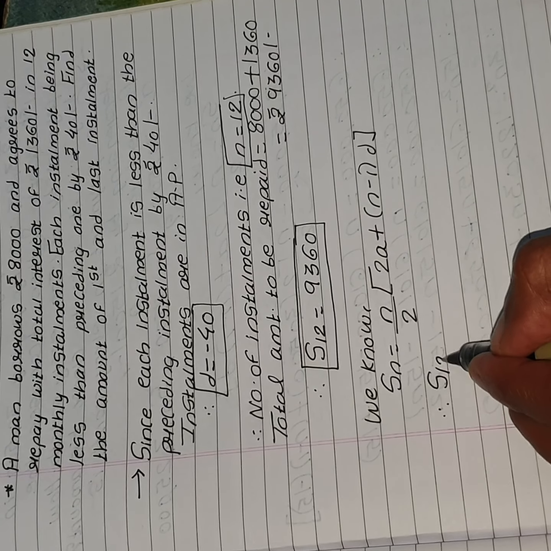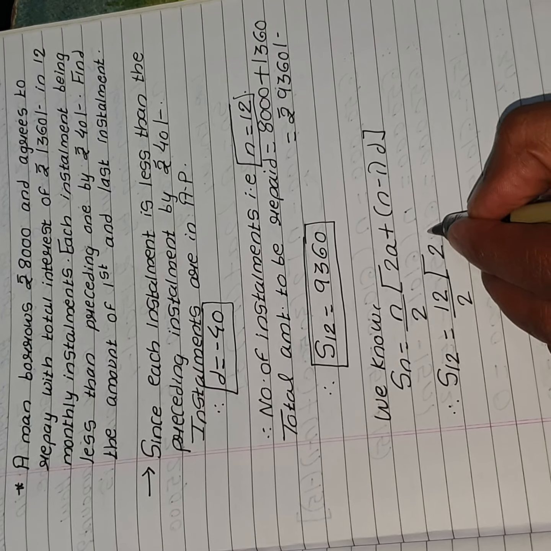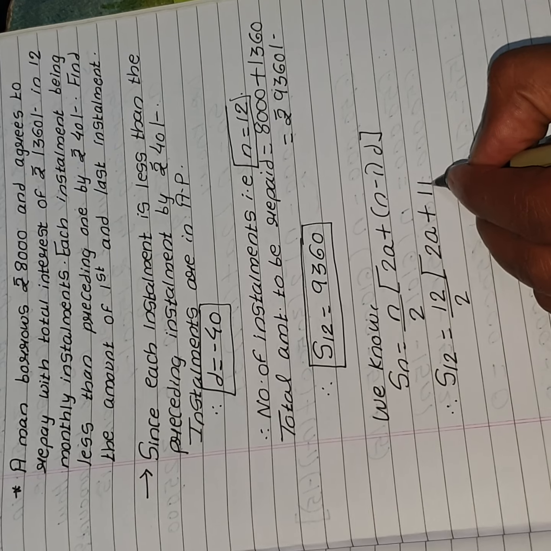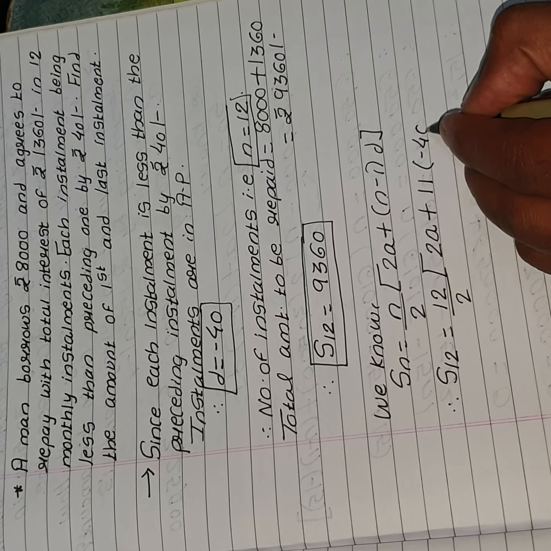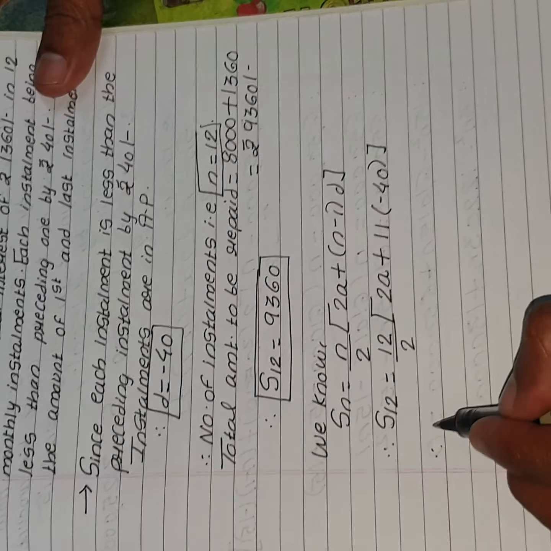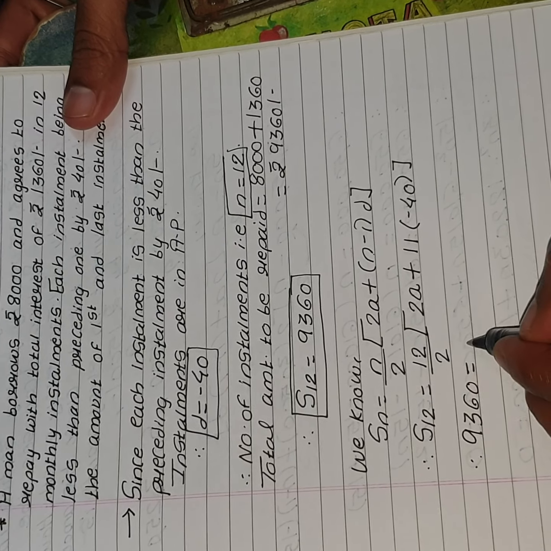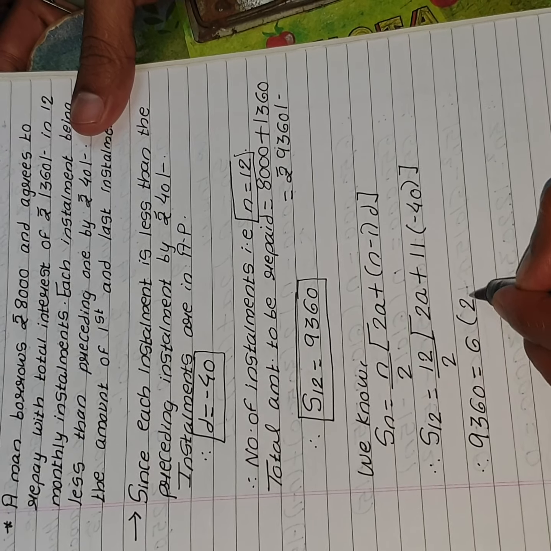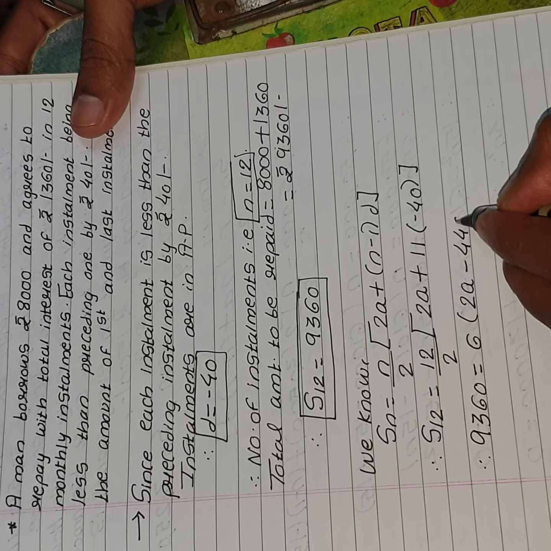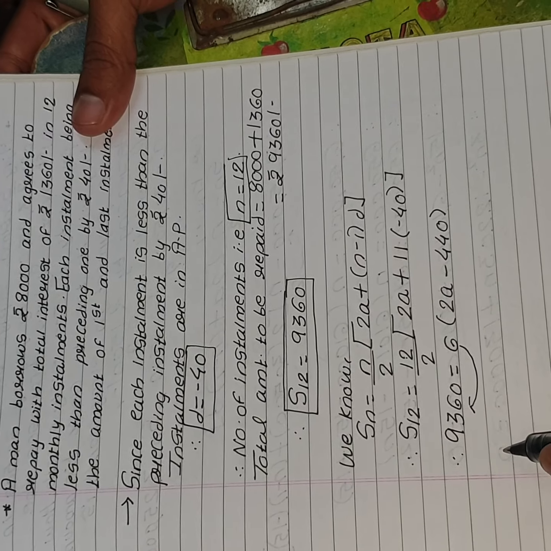Therefore S of 12 is equal to 12 upon 2, 2 we don't know the value of a, plus n is 12, 12 minus 1, 11, d is minus 40. Now therefore what's the value of S of 12? 9360 is equal to 12 upon 2 is 6, 2a plus minus minus 11 4s are 44, so 440. Now this 6 is getting multiplied here, so it will get divided there.